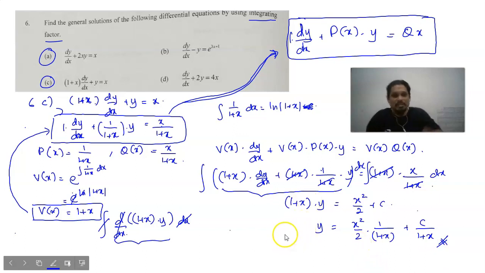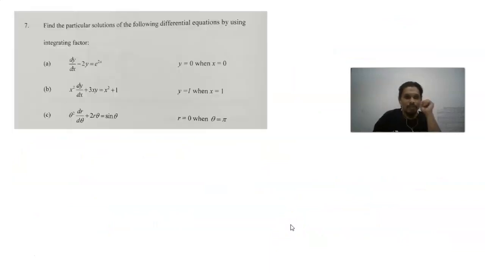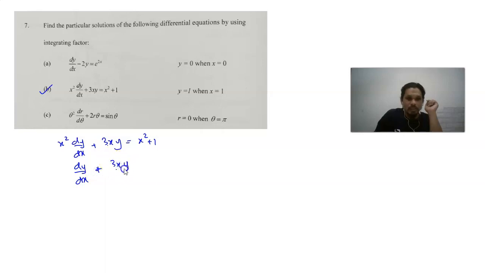Okay, question number 6. For this one, let's say I choose question B. x squared dy/dx plus 3xy equals x squared plus 1. Then divide by x squared everywhere: dy/dx plus 3xy divided by x squared equals (x squared plus 1) divided by x squared.